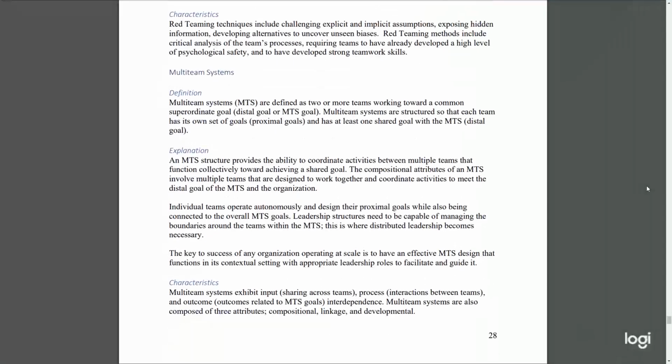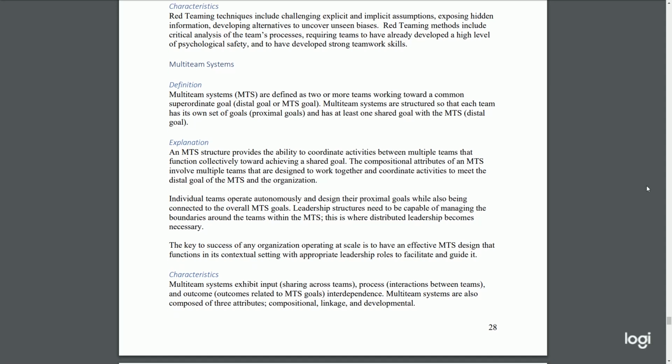Multiteam systems. Definition. Multiteam systems, MTS, are defined as two or more teams working toward a common superordinate goal, distal goal, or MTS goal. Multi-team systems are structured so that each team has its own set of goals, proximal goals, and has at least one shared goal with the MTS, distal goal.